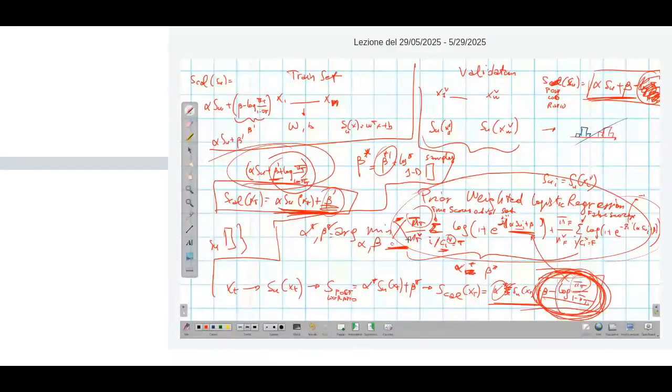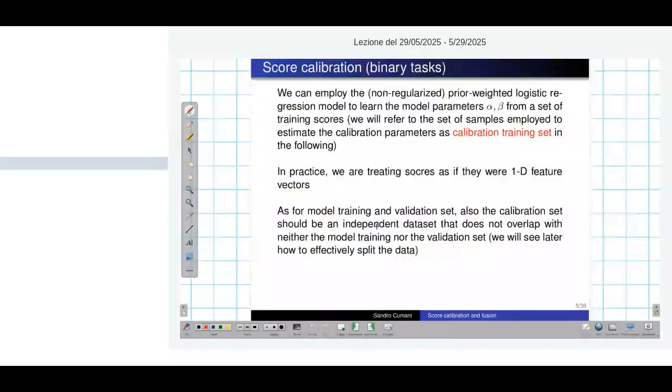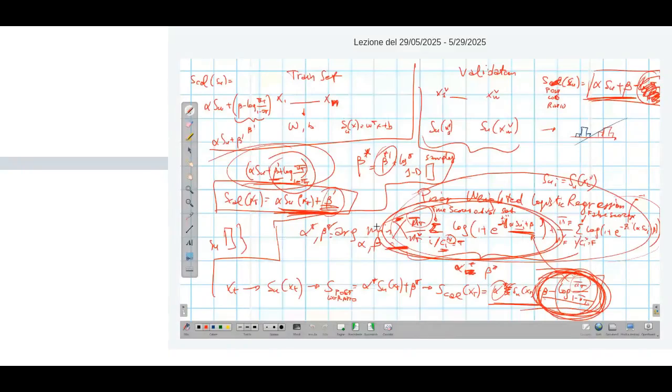In this case, we don't risk underconfidence because we don't regularize, and in the typical use case, where we have enough samples compared to the complexity of the model, which is one-dimensional, we don't risk overfitting. The model will provide scores that are well calibrated and will work well regardless of the distribution of the scores, as long as, what is the limit?